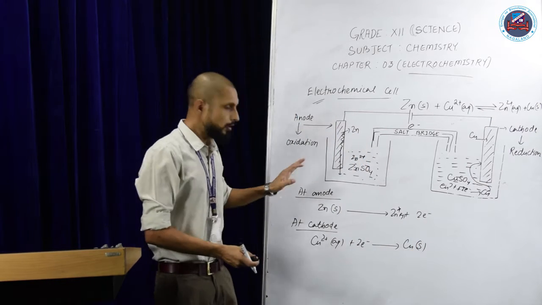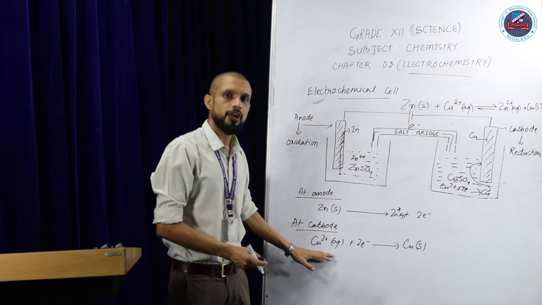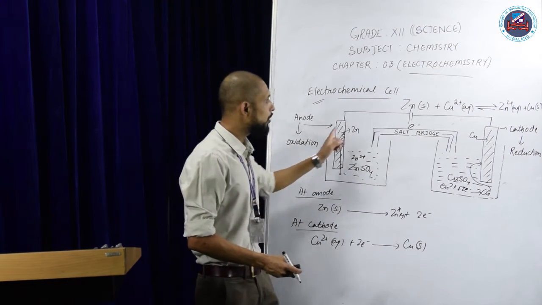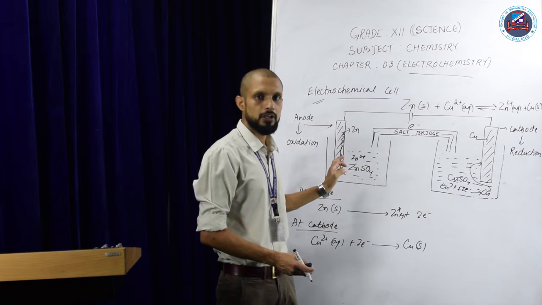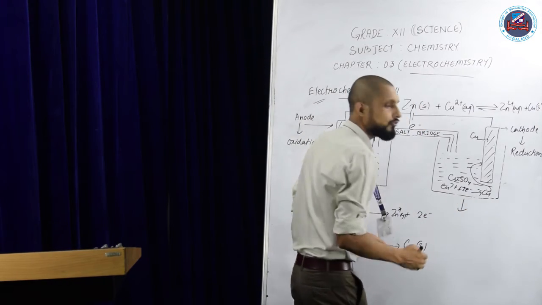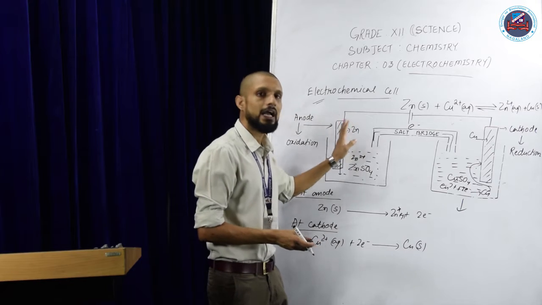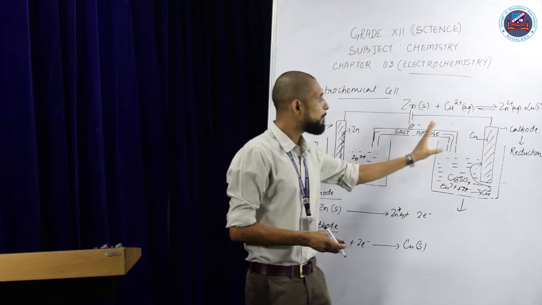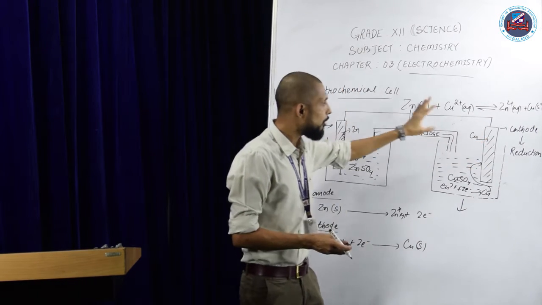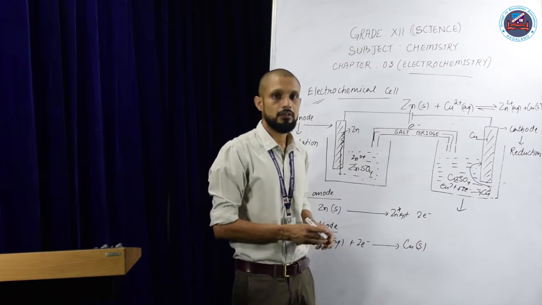Now if you combine the anode half cell reaction and the cathode half cell reaction, we'll get the overall reaction of this electrochemical cell. This electrochemical cell is known as Daniell cell. Wherever you take zinc as anode, copper as cathode, the combination of these two is known as Daniell cell.